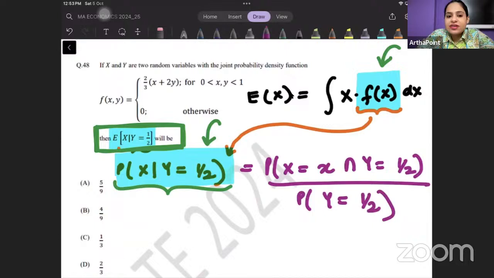What is the numerator representing? We have done this kind of question last class में. What is the numerator representing? Anyone? X का कुछ वैल्यू और y का कुछ वैल्यू. What is this word called?